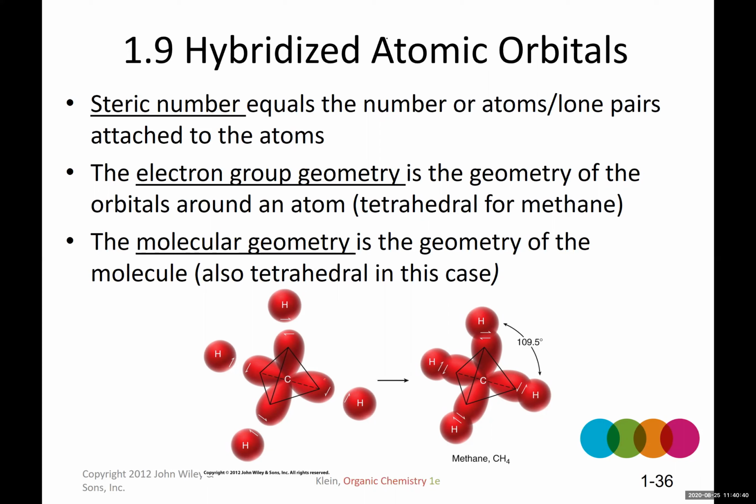But I will show you when we look at ammonia and water that the electron geometry and the molecular geometry can be different. You'll see it once I show you those structures, okay? So, steric number, electron group geometry defines the geometry of the orbitals around the atom, and the molecular geometry is defined only by the nuclei.